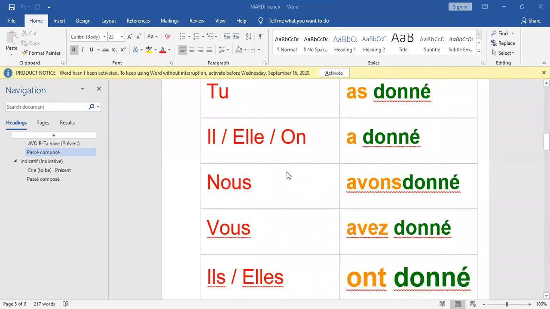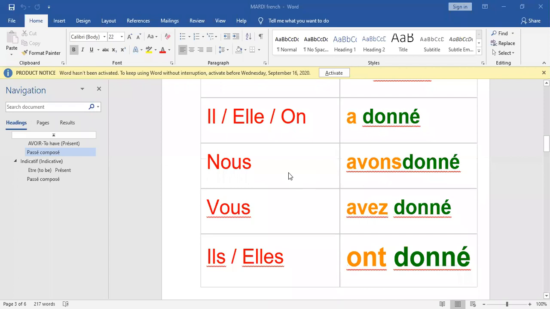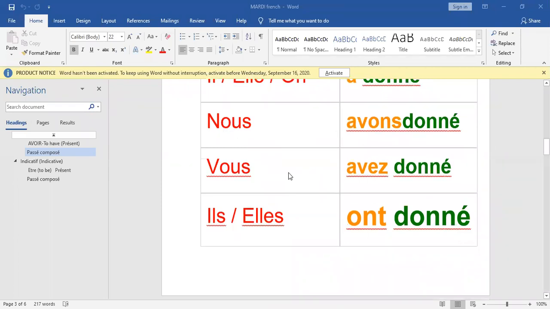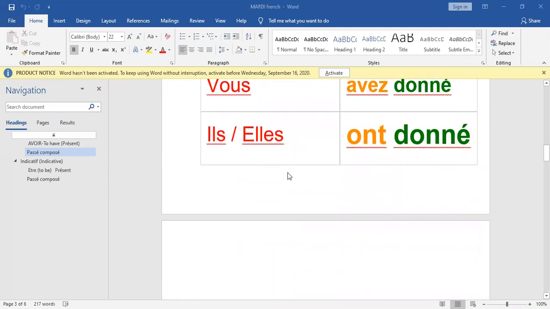This is quite simple for you to copy, and I know you must have done justice to it. Let us move on to the next verb.